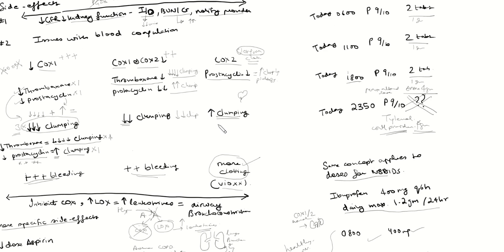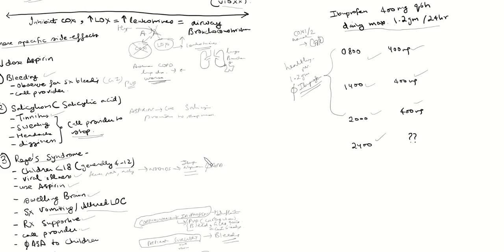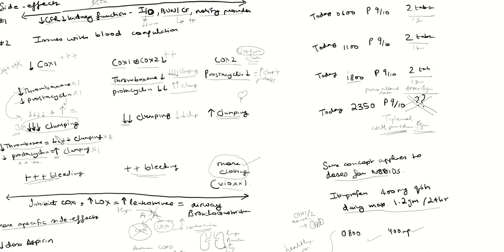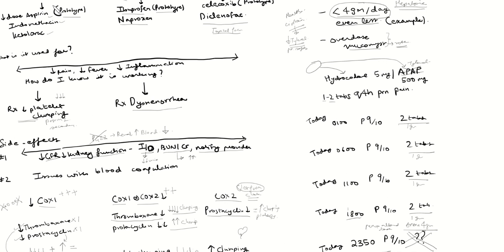Okay. So we talked about these drugs, right? Again, with low dose aspirin, platelets, prevent them from clumping, so we can use them after MI to prevent clots from happening. Non-selective Cox-1 and Cox-2 inhibitors, because they help with the smooth muscle contraction, we can give them for dysmenorrhea, help relax those muscles, but yet not make them bleed a whole lot more.